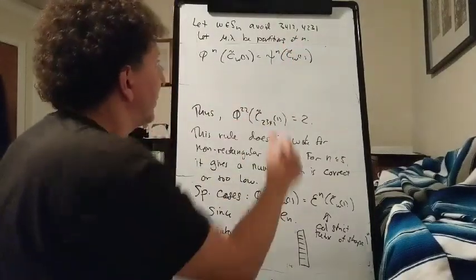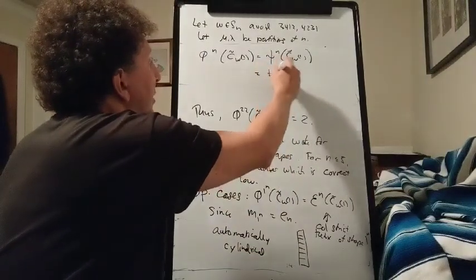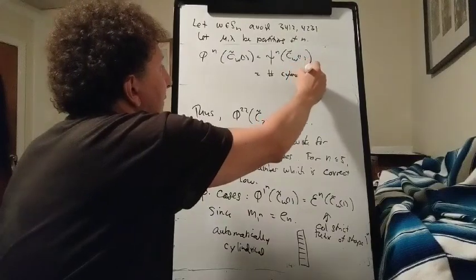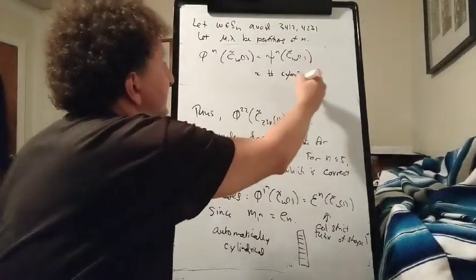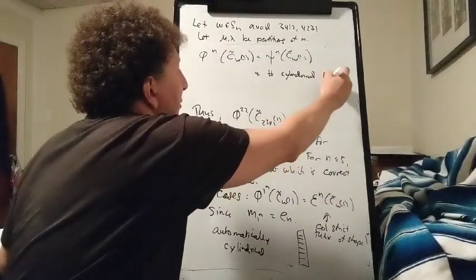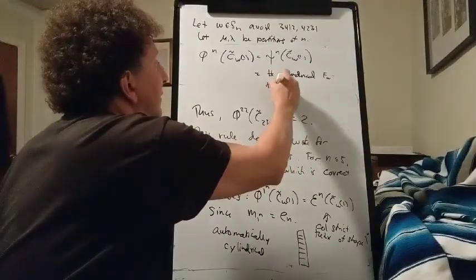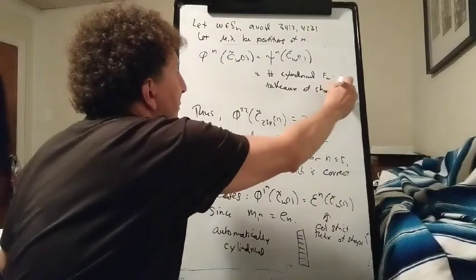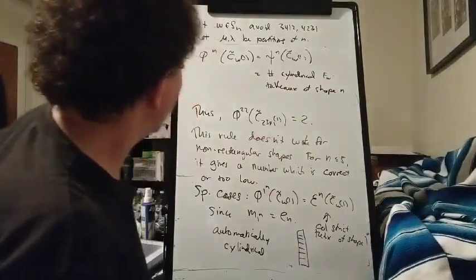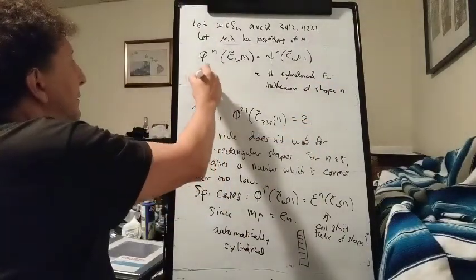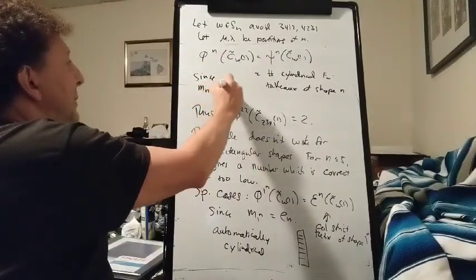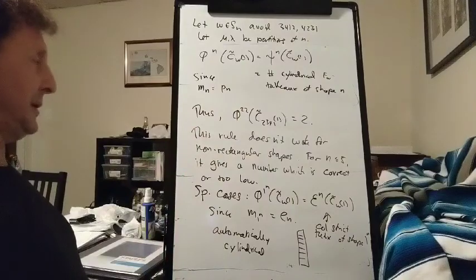And we know one of these interpretations is the number of cylindrical FW tableaux of shape (n). Now this is true since the monomial symmetric function m_n equals the power sum symmetric function p_n.